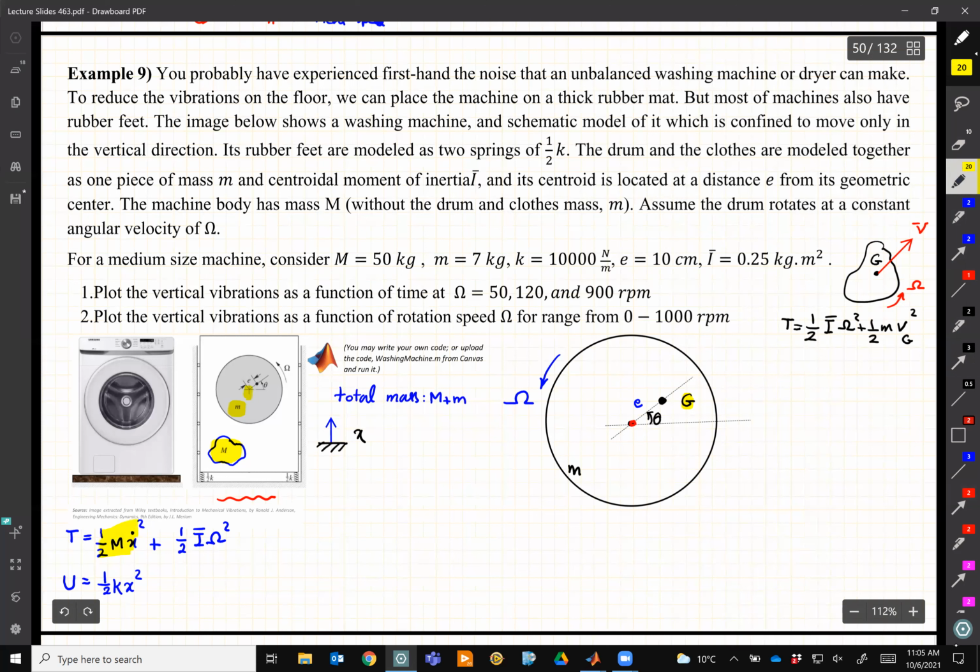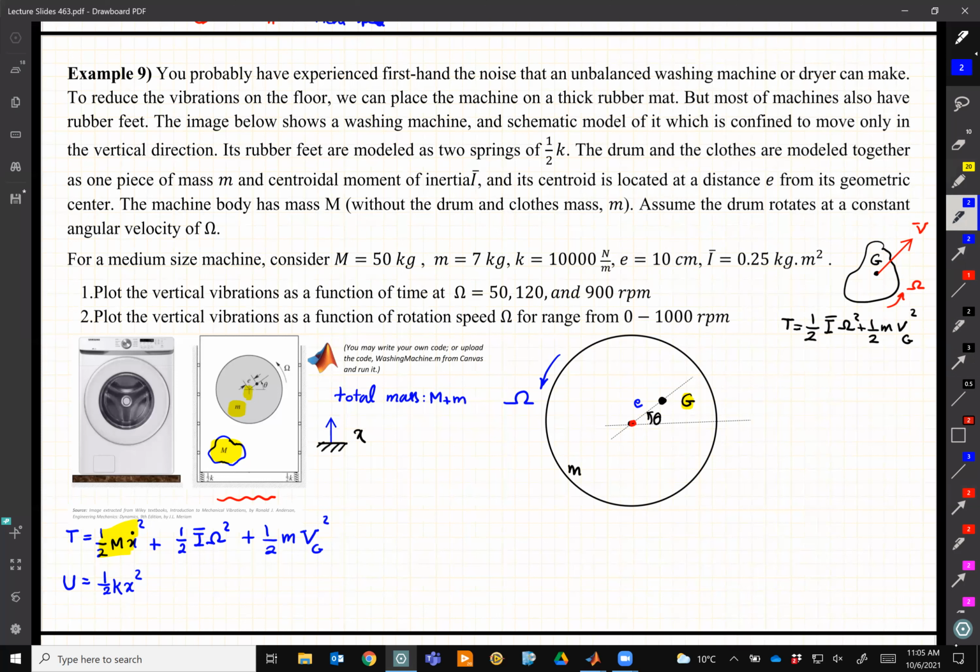That part is easy. Now we are trying to find the term for the rotating parts. As I said, it has two terms, plus the second term, half of m vG squared, the center of mass velocity for this drum.